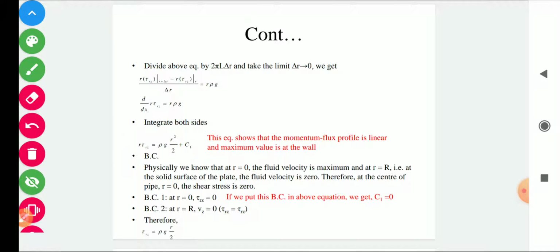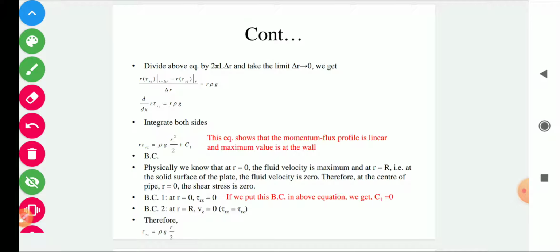Now to determine the value of the integration constant, you need boundary conditions. The first boundary condition is at r equal to 0. At r equal to 0, the velocity will be maximum. We know the shear stress is related to the velocity gradient, and Vz is maximum, which has some constant value.